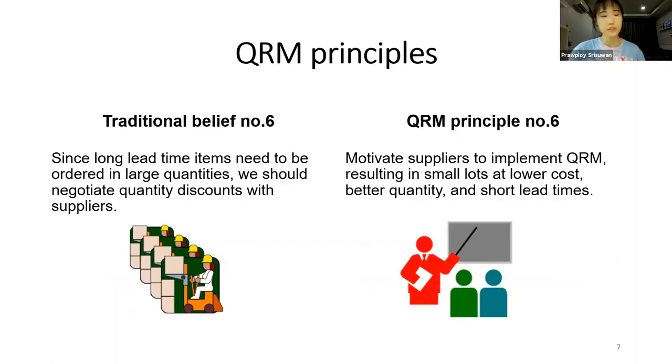The next one is about supplier relation. It seems to make sense to order in large lot sizes to ask for a price discount from the supplier. But there are some drawbacks of ordering in large lot sizes.